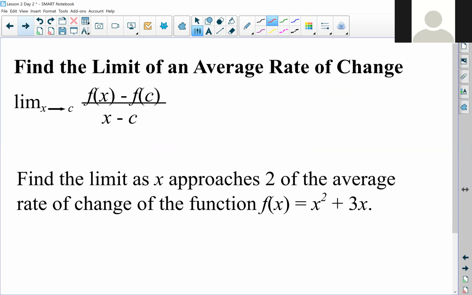So we're going to let the limit as x approaches c of f of x minus f of c divided by x minus c. And if you just look at it, pretty clear, if I plug c in for x, I'm going to get f of c minus f of c, which is 0, over c minus c, which is 0. So we do get 0 over 0, so we're going to hopefully be able to do some factoring.